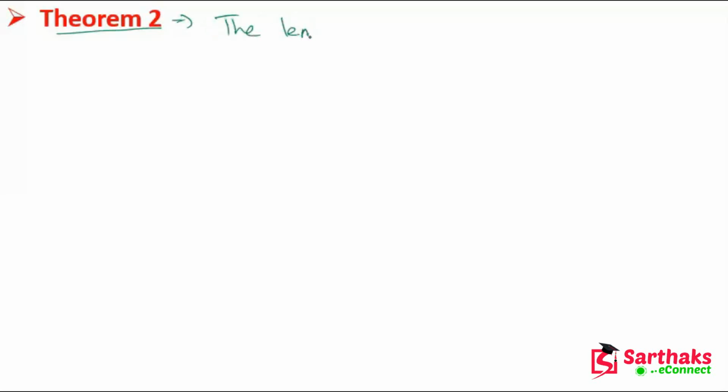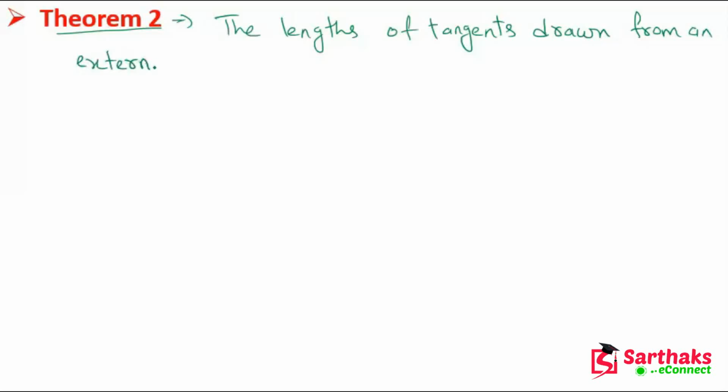The lengths of tangents drawn from an external point of a circle are what? Are equal. Okay, my dear friends.